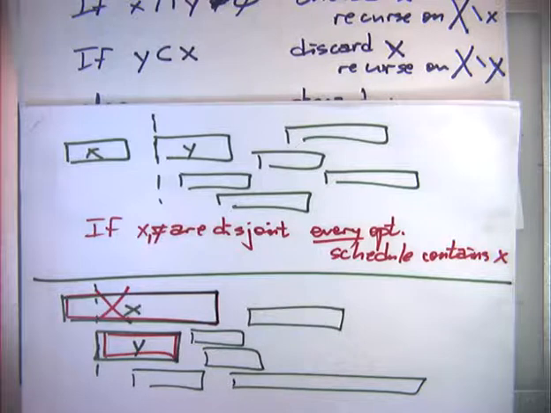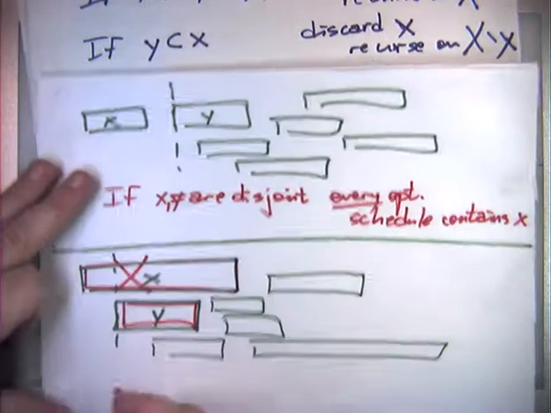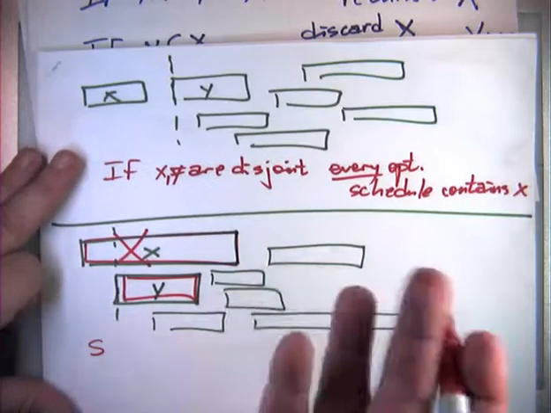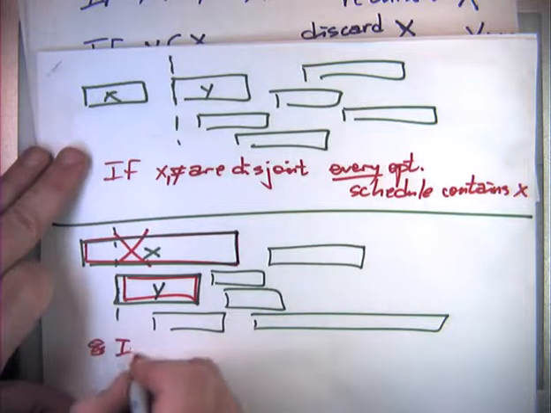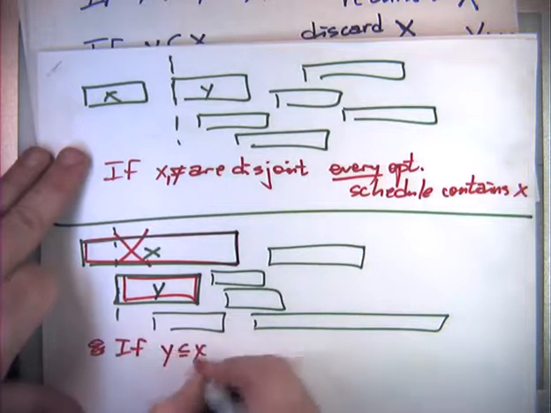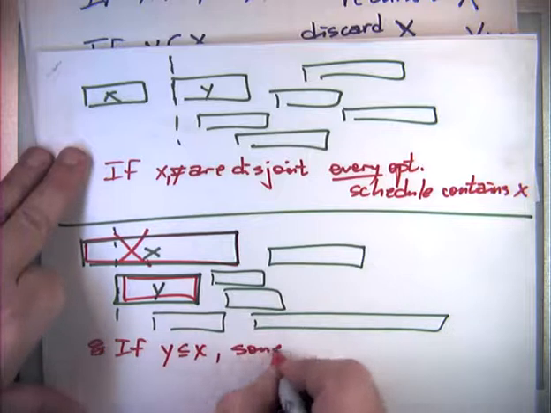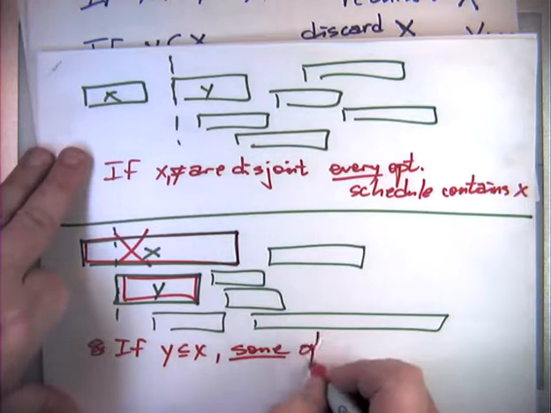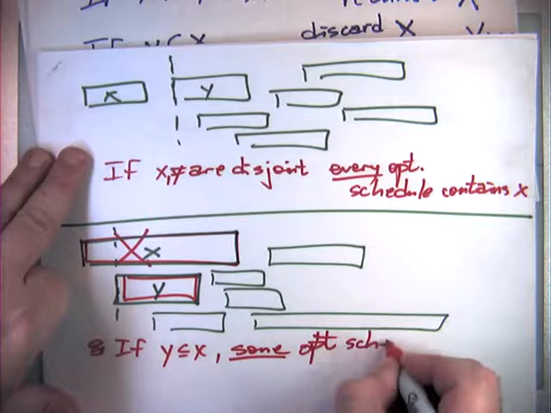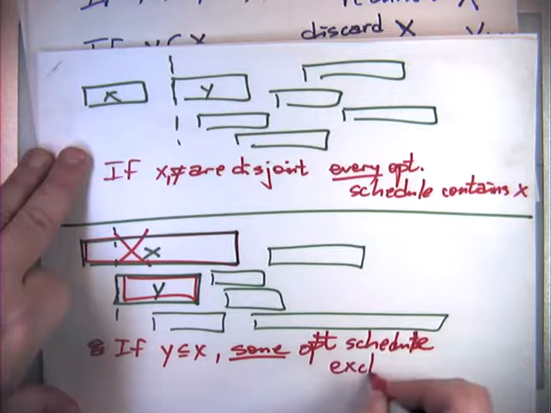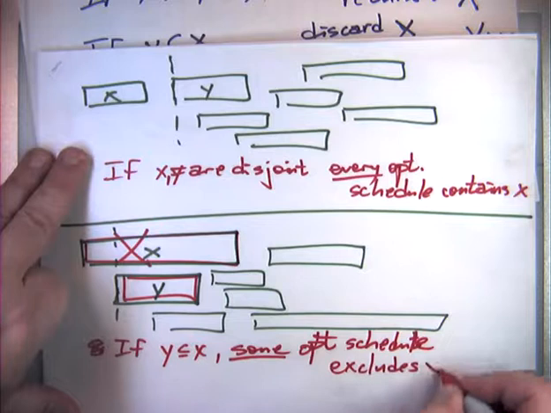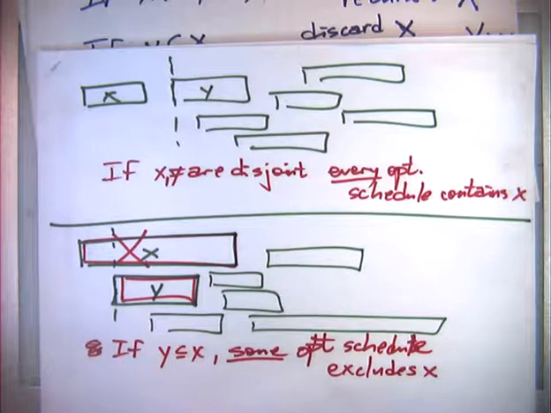So by exchanging X and Y, I haven't made things worse. So then that's the end of the proof. If Y is contained in X, then some optimal schedule excludes X.